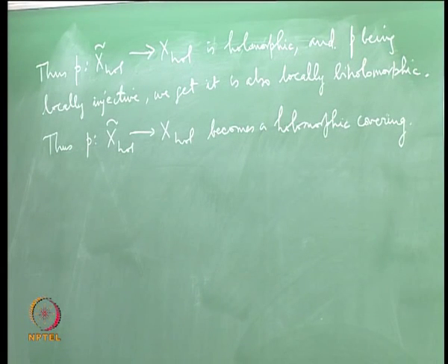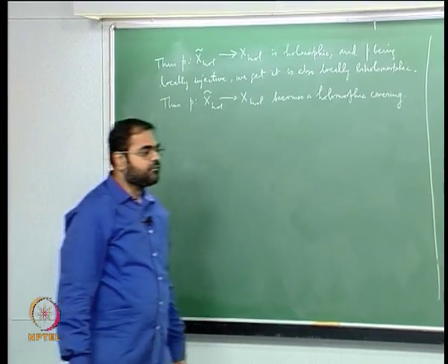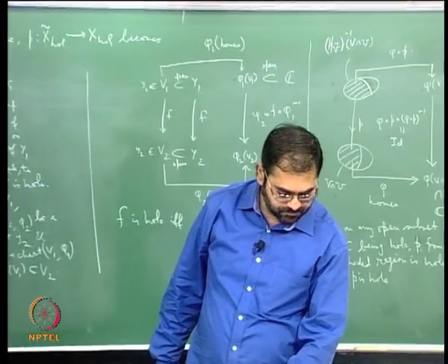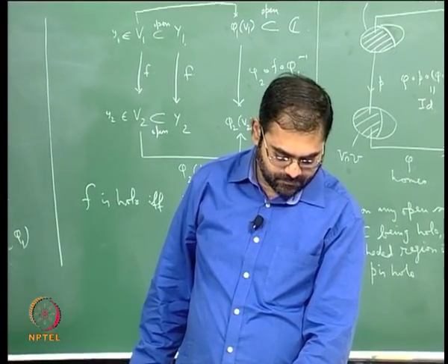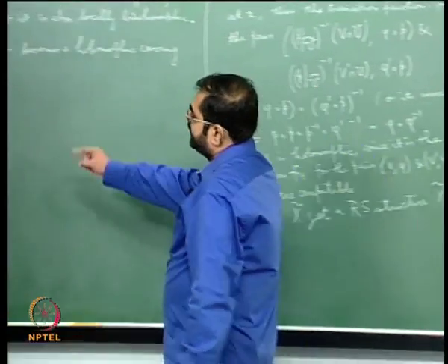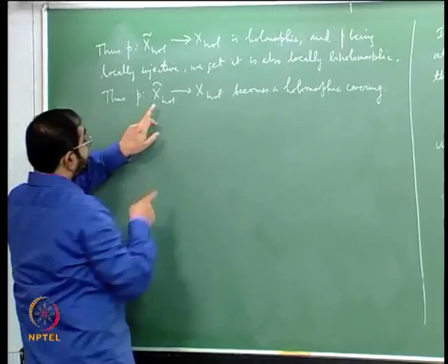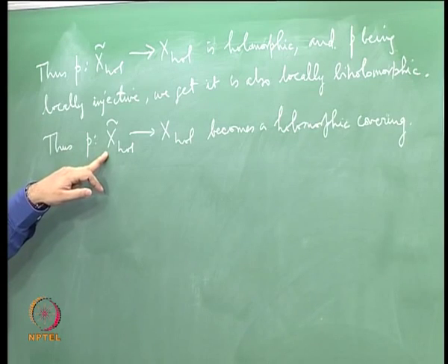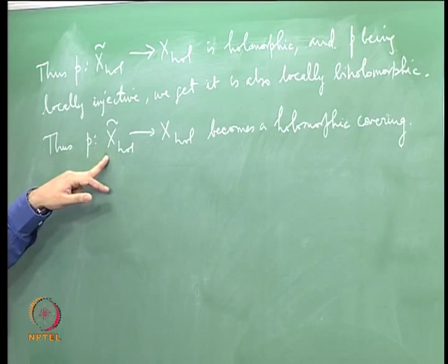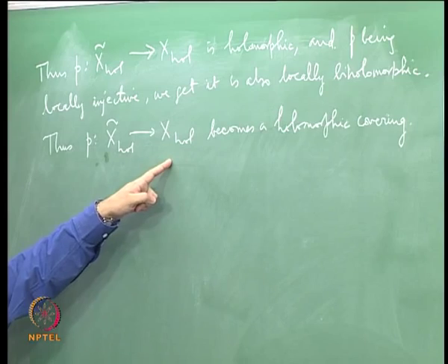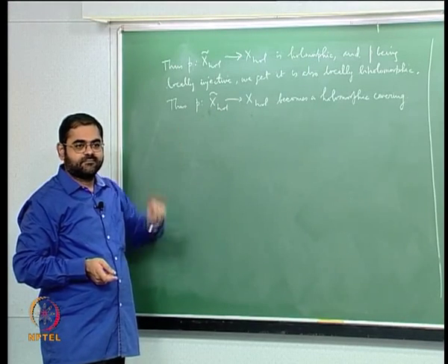Now I want to say the following thing. I want to say that any other Riemann surface structure on X tilde that makes P into a holomorphic map has to be none other than this one.